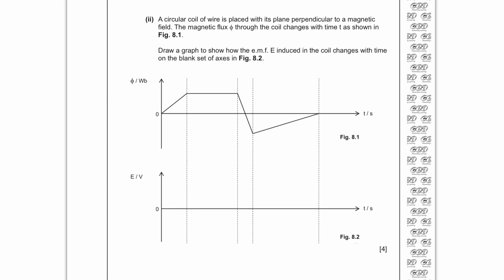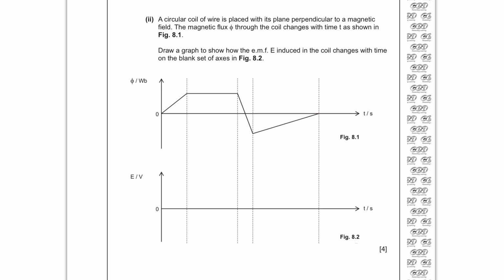In this first case we get a positive gradient, and that will generate a steady negative value here. Then we have no gradient, which will generate no value. Then we have a strong negative gradient, which will generate a strong positive value. And then we have a fairly gentle positive gradient, which will generate a negative value.